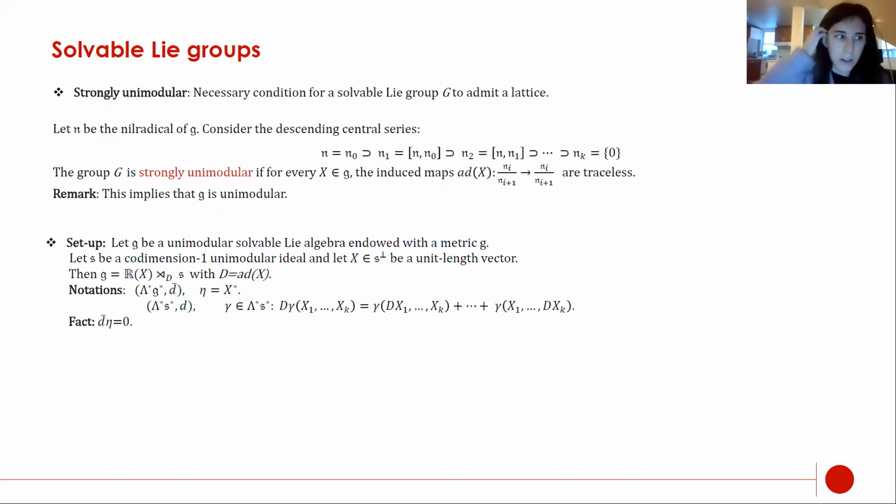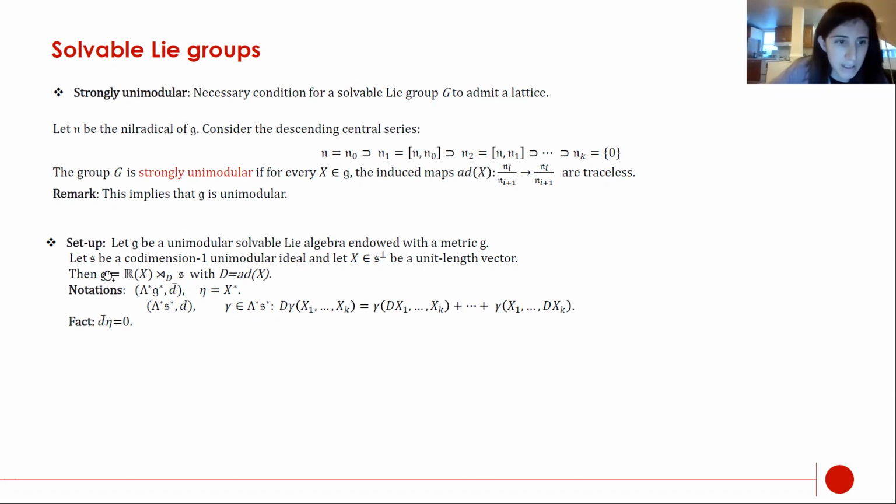So the setup for this will be the following. Consider a unimodular solvable Lie algebra endowed with a metric. Since the group is solvable, we can take S, a codimension 1 unimodular ideal, and we can take X, which will be a unit length vector that is orthogonal to S, to the ideal.